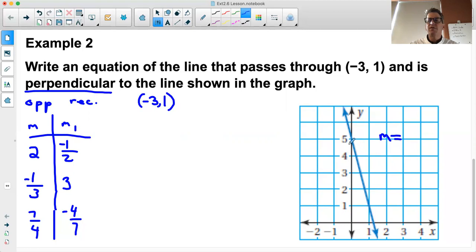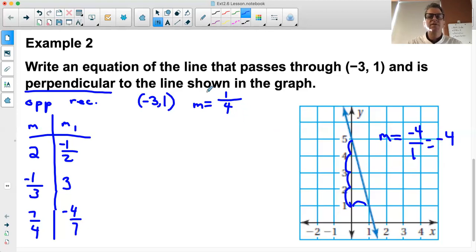All right, so I'm going to go down 1 spot, 2 blocks, 3 blocks, 4 blocks, and then it's -4/1. So that is equal to -4. Okay, so it's perpendicular to it. So if it's -4, we're talking about slope, the slope will be equal to a +1/4. Okay, so opposite of negative is positive, and the reciprocal of 4 is 1/4.